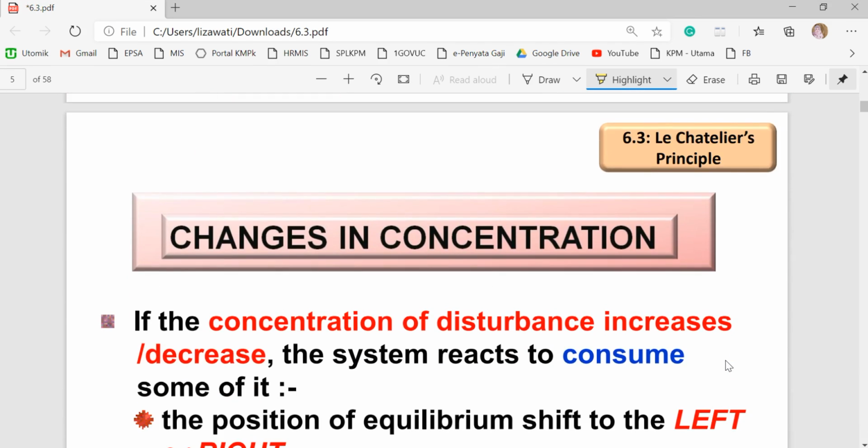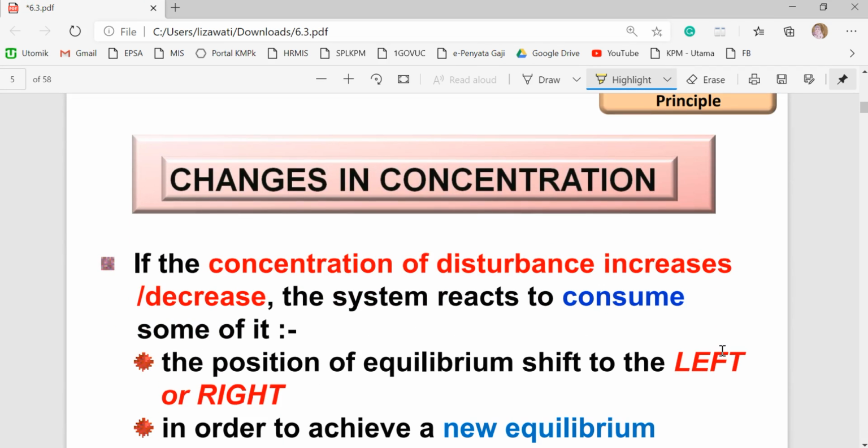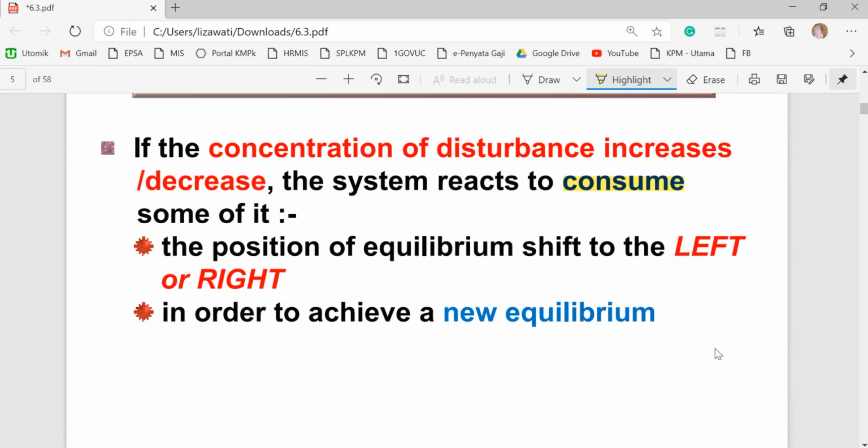So, change in concentration. If the concentration of the disturbance increases or decreases, the system reacts to consume some of it. The position of the equilibrium will shift to the left or to the right in order to achieve a new equilibrium.